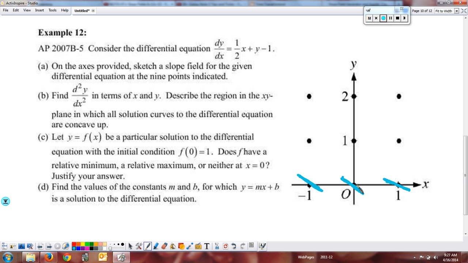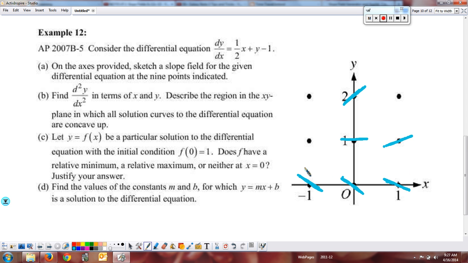Then let's go up. 0, 1 would have a slope of 0, so let's put that in. And 0, 2 would have a slope of 1, so let's get that in, our slope of 1. 1, 1 would have a slope of 1/2, same as that one but going in the opposite direction, so we go that way.